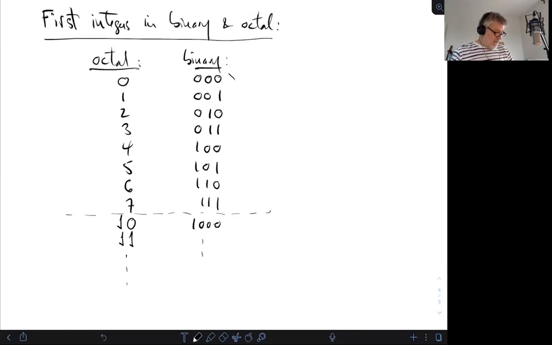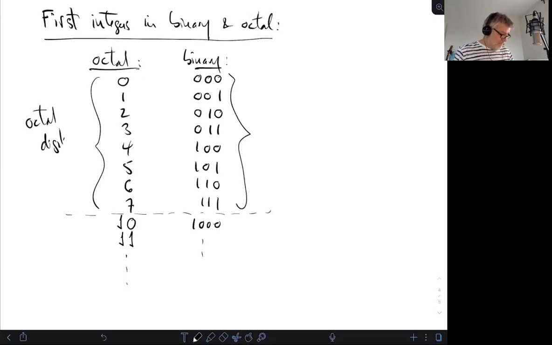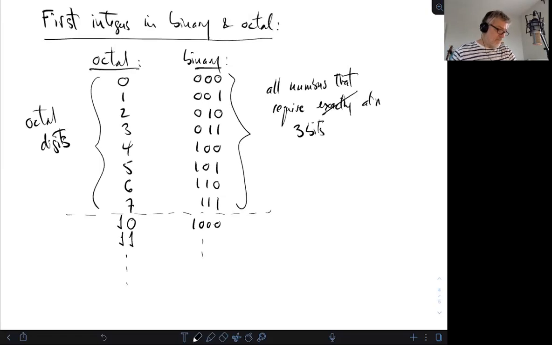But if you look at just the octal digits, you see that it corresponds to precisely those numbers you can write in binary on 3 bits. So all numbers that require at most 3 bits in binary.